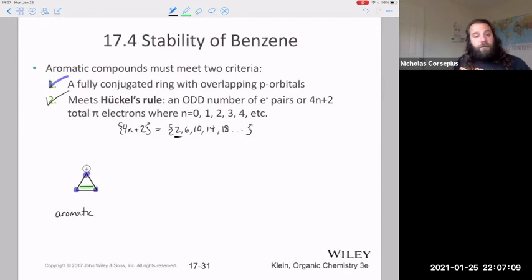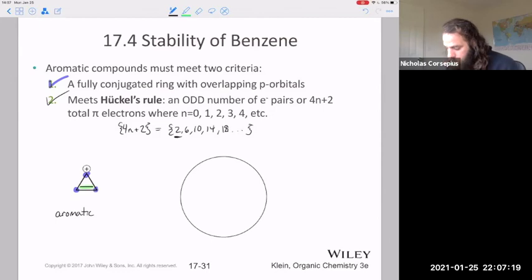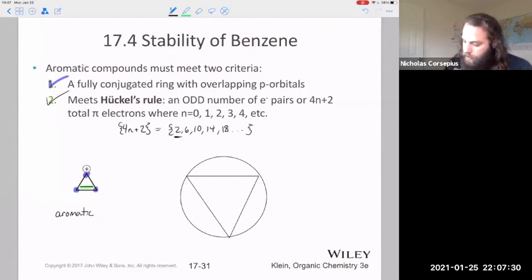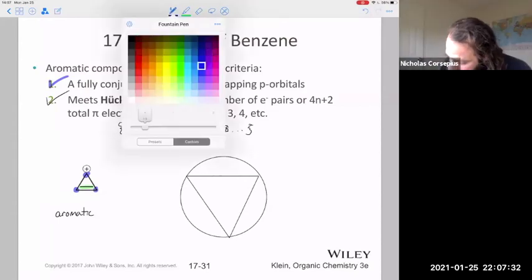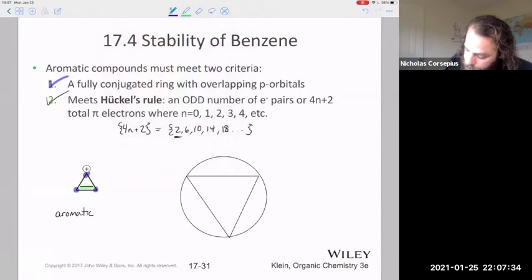And let's see if we can use those MO diagrams to illustrate why this is nice and stable. First thing we're going to do is start out with our circle. We're going to inscribe our polygon in it with the point down. So in this case, I'm going to have to draw an upside down triangle. Now we're going to draw the energy levels where those corners on my polygon are.